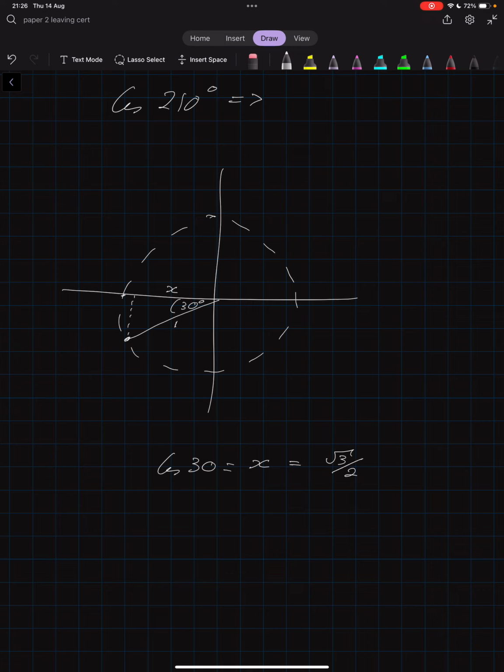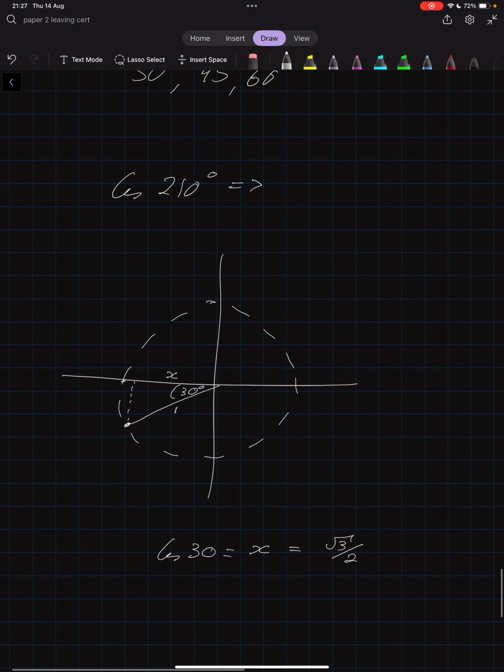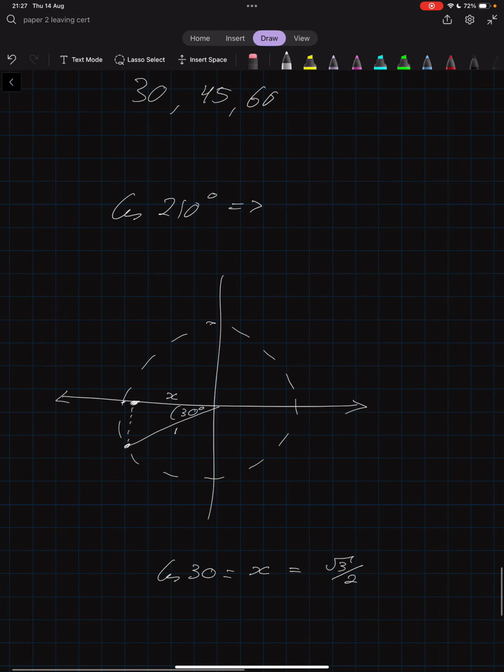Now, you'll notice that this is negative because it's on the left-hand side, and therefore it's on the negative side, not the positive. And therefore, the cos of 210 is going to be equal to minus root 3 over 2. Okay? And that's it.